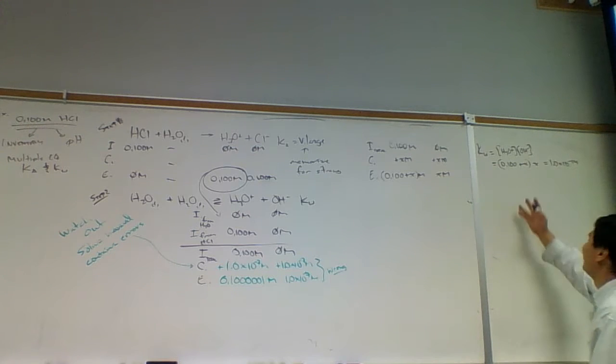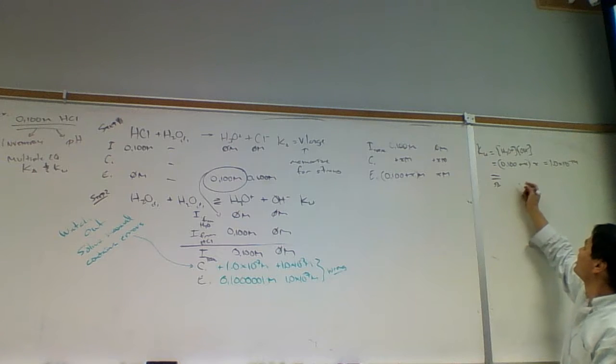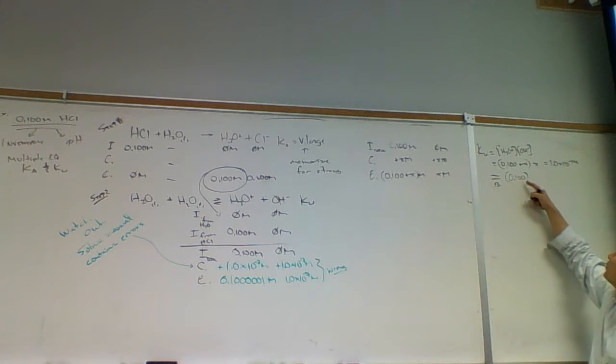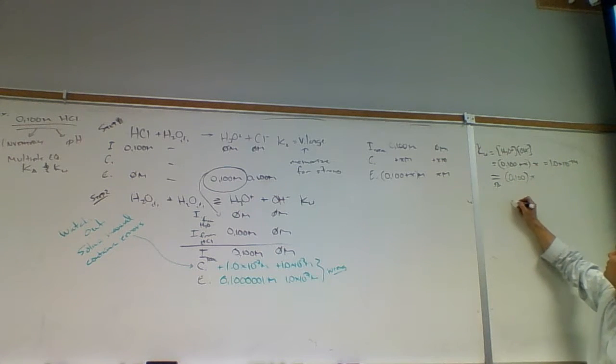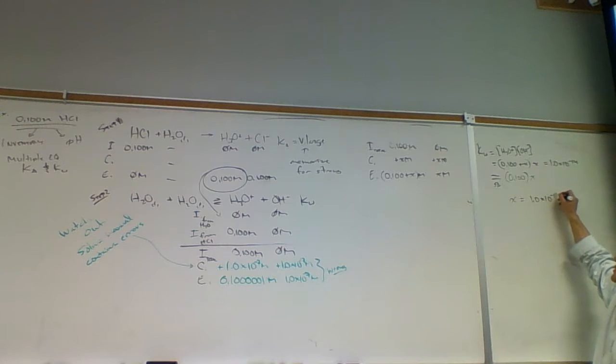Even though this is not that hard to solve, I'm going to use the simplifying assumption. If X is much smaller than 0.100, then 0.100 plus X simplifies into 0.100, times X. And then, therefore, X is equal to 1.0 times 10 to the minus 13.